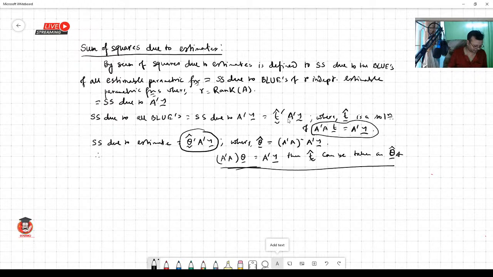So this is equal to y prime A (A prime A) g-inverse A prime y.